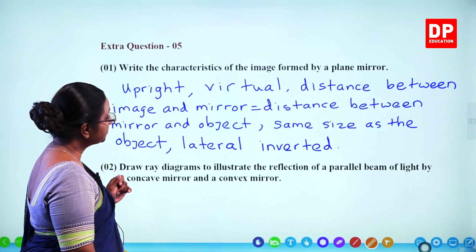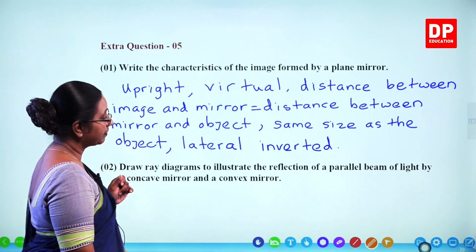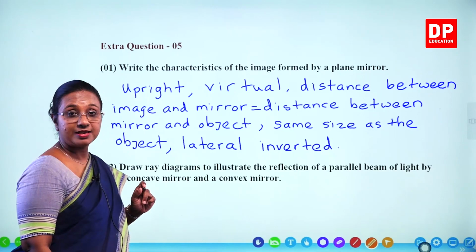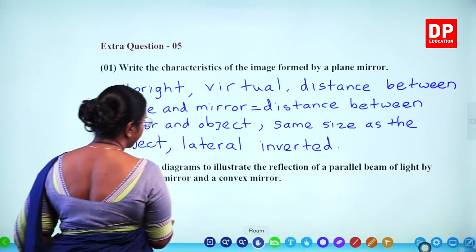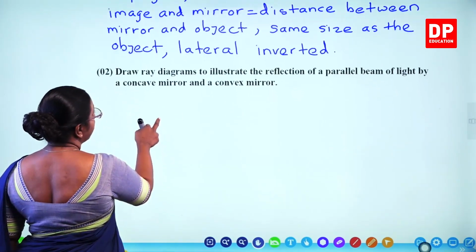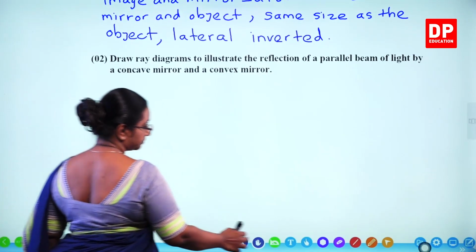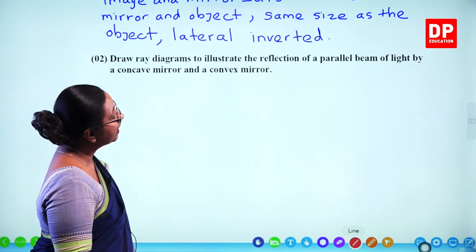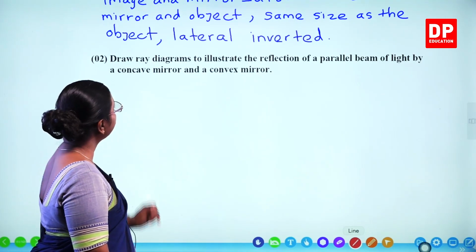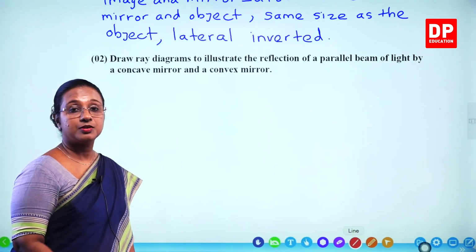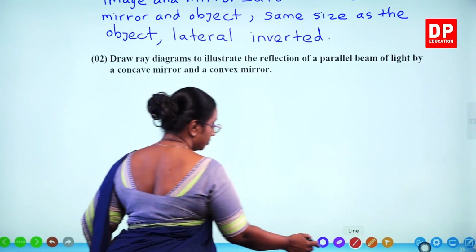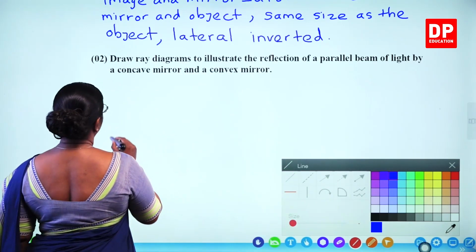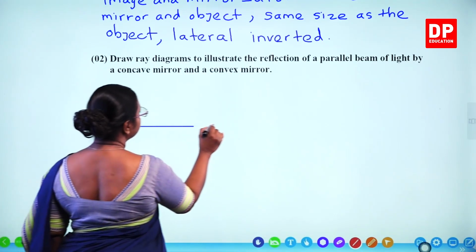Draw ray diagrams to illustrate the reflection of a parallel beam of light by a concave mirror and a convex mirror. So the next one, to show the reflection of a parallel beam of light by a concave mirror and a convex mirror. So both. To do that, I will draw the ray diagram side by side.